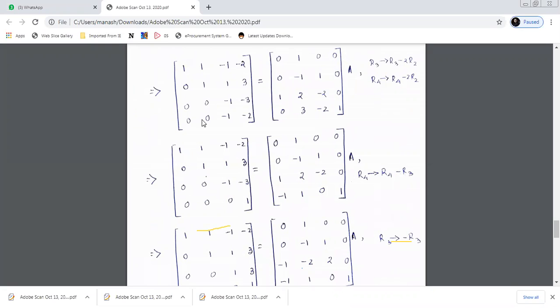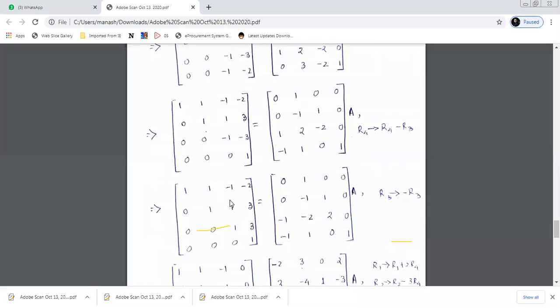So 0 minus 0, 0, 0 minus 0, 0, minus 1 minus minus 1, so minus 1 plus 1, it is 0, minus 2 plus 3, which is equal to 1. Same operation you have to do on the right hand side also.